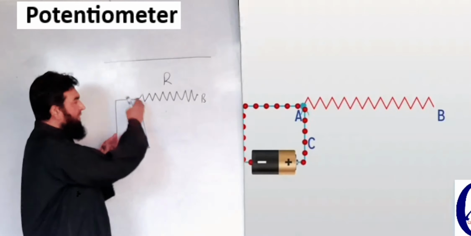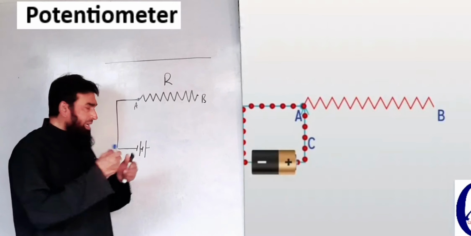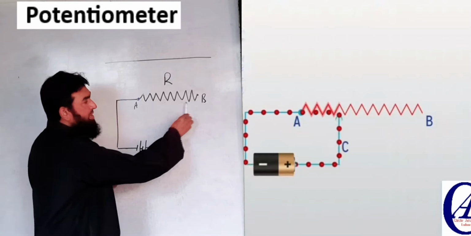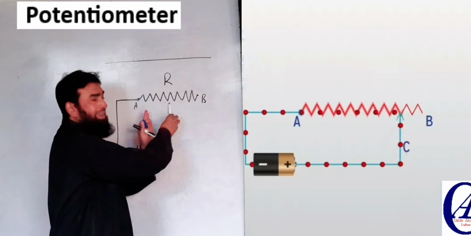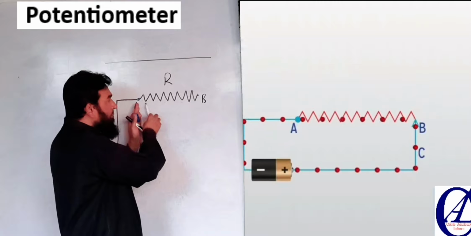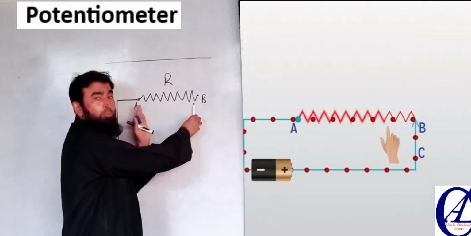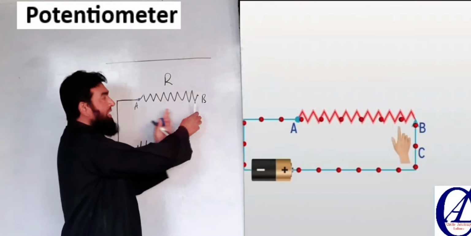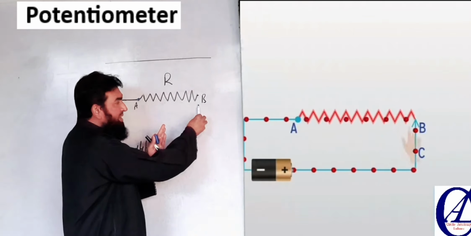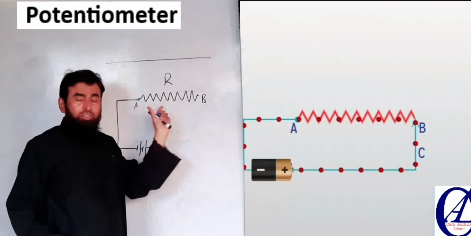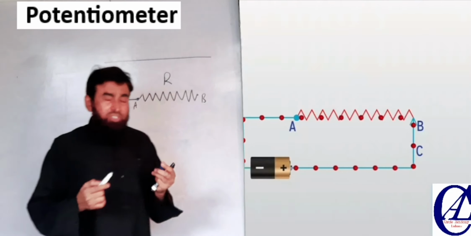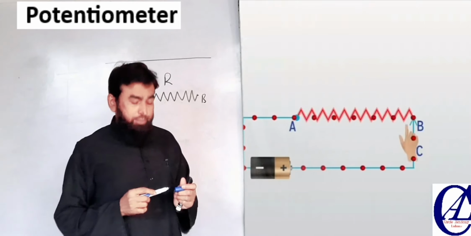Now if I again start bringing this sliding terminal towards B, you will see that the resistance will increase gradually, because when we use more of this wire, there will be more resistance. When we bring this sliding terminal to B, the whole of the resistance of this wire will be used. So the current will be facing more resistance in this way.